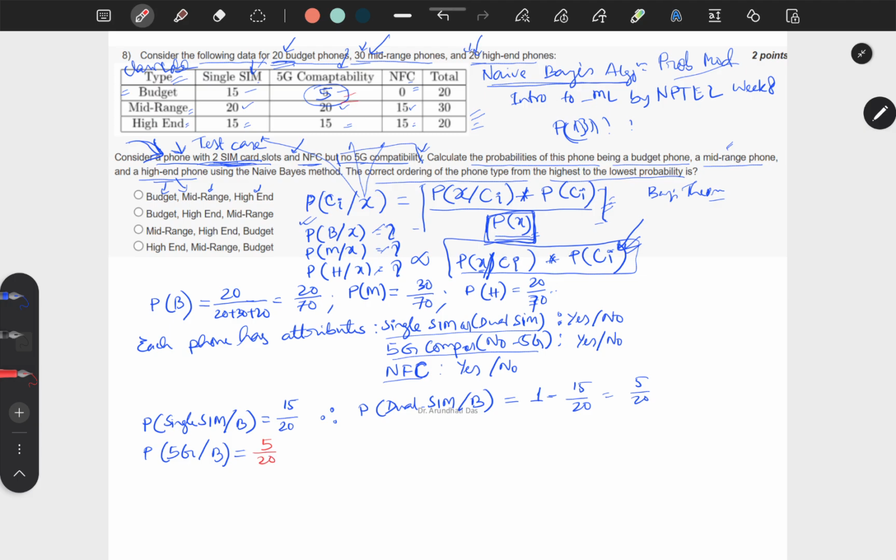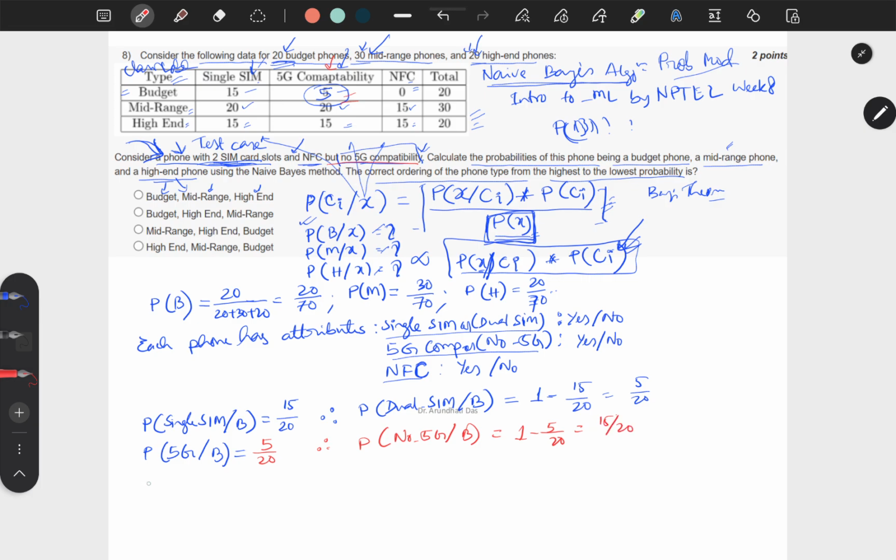We can also calculate no 5G, because the feature we are interested in is the complement of 5G compatibility. So probability of no 5G given budget phone is 1 minus 5 by 20, which is 15 by 20.